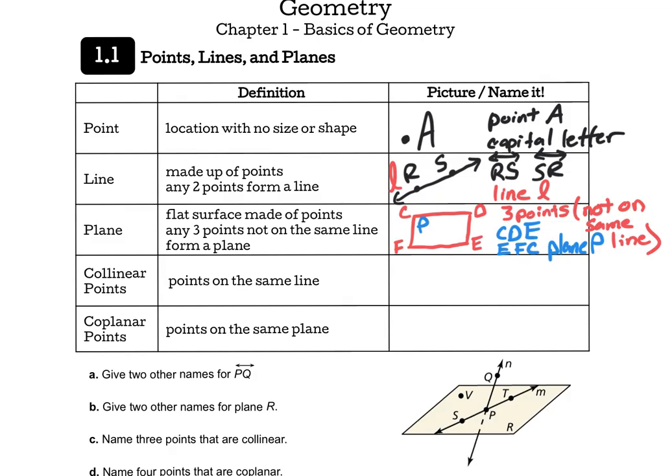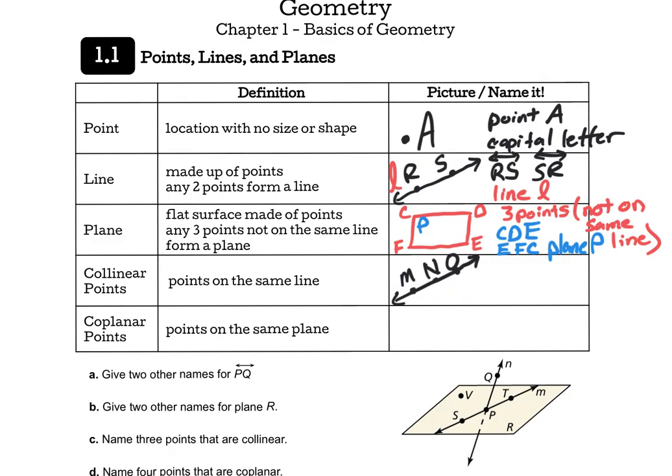So collinear means together, linear means line, so together on the same line. And so what we would look at here is, let's say we have 3 points.